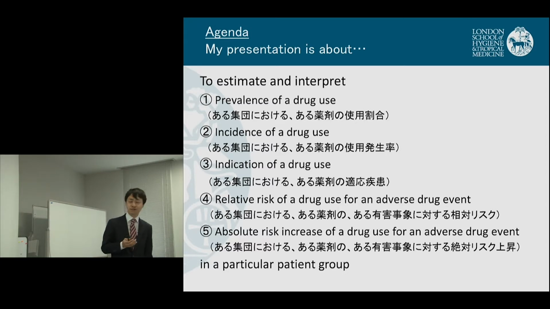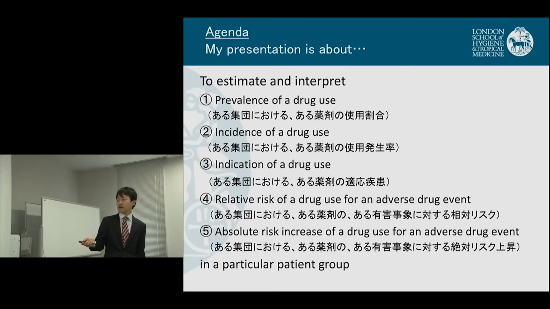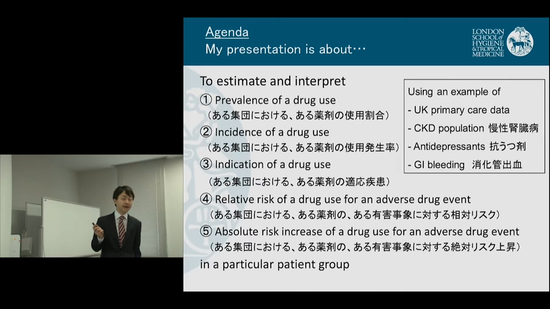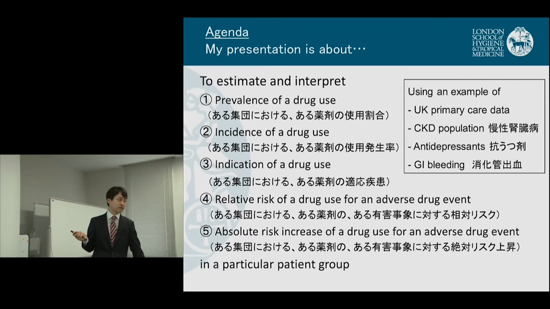Japanese or in English, please ask. My presentation is about how to estimate and interpret the prevalence of a drug use, incidence, and indication in a particular group of patients. I'm also estimating the relative risk of a drug and the absolute risk increase, or excess risk, of a drug for one adverse drug event, using my example of UK primary care data, the chronic kidney disease or CKD population, and antidepressants and gastrointestinal bleeding.